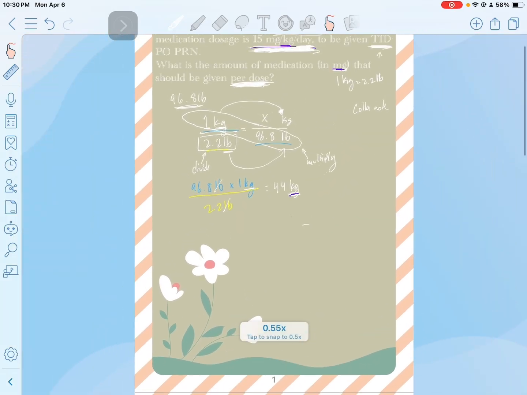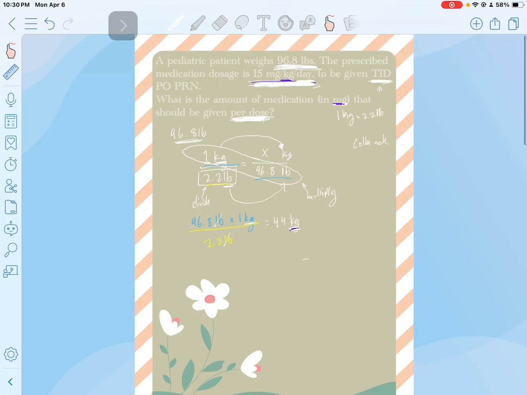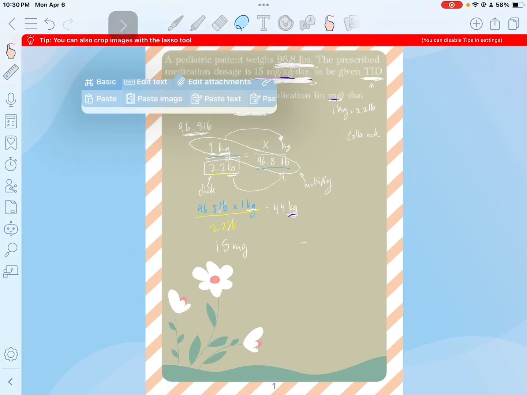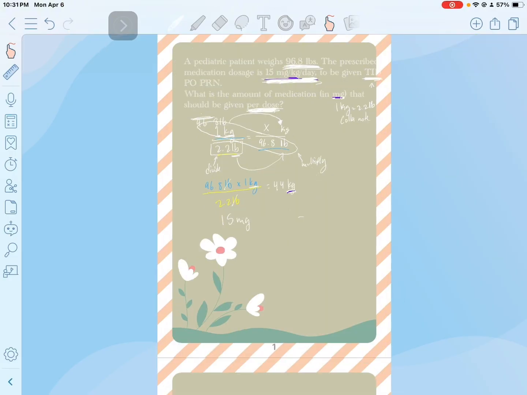So let's first figure out how much it is. Milligrams. Or you know what? Grams per kilogram. And this whole thing is for a whole day. So I would just say this is like 1 whole day. This thing represents a whole day.